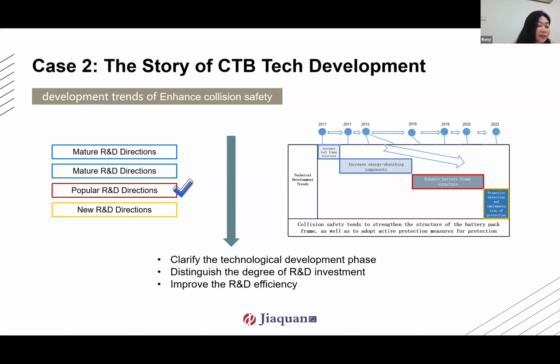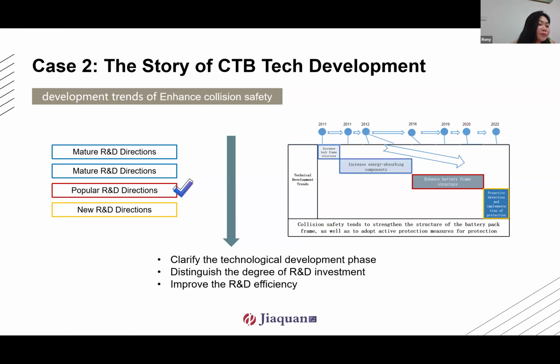In this way, we can clearly understand the entire technological R&D path and what the key focuses of R&D are at different stages. At the same time, we can also combine the client's own R&D foundation, R&D advantages, and their preferred R&D directions to evaluate their R&D strength and progress in the specific technical directions and figure out what position they are in the industry.